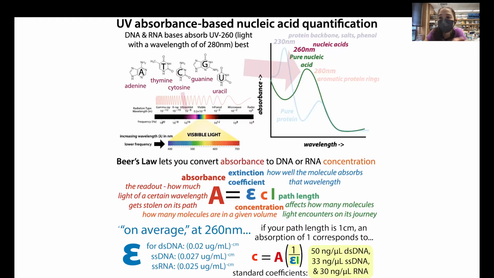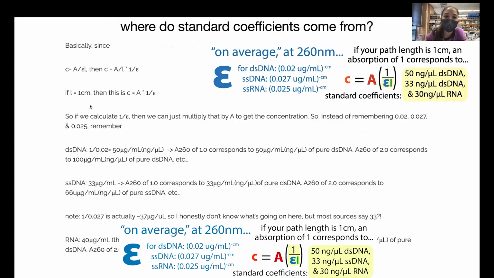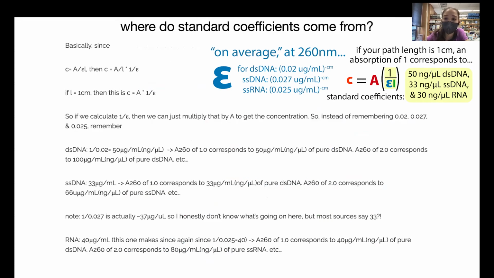So you can take generic average values for these, and these have been calculated to be these. Now you can transform those into these standard coefficients. So if we divide the 1 over this part, then we end up with, sorry, this yellow box should be around this whole thing.